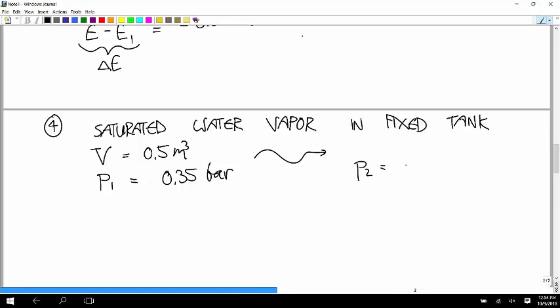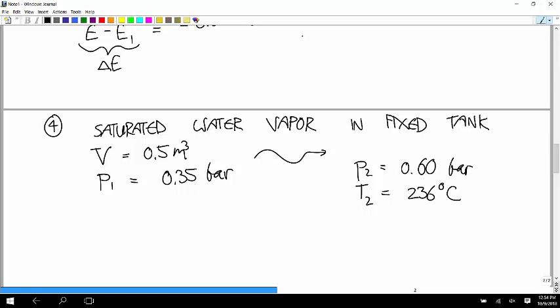So P2 is 0.6 bar. And the temperature is 236 Celsius.